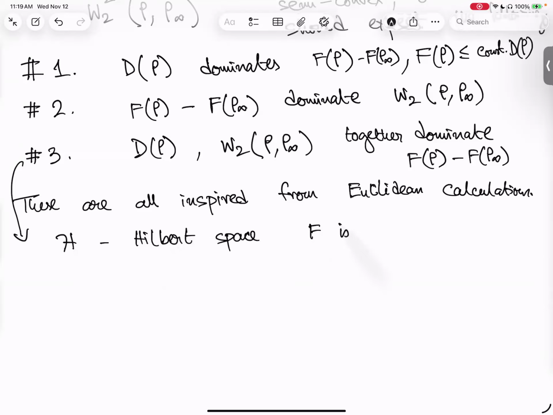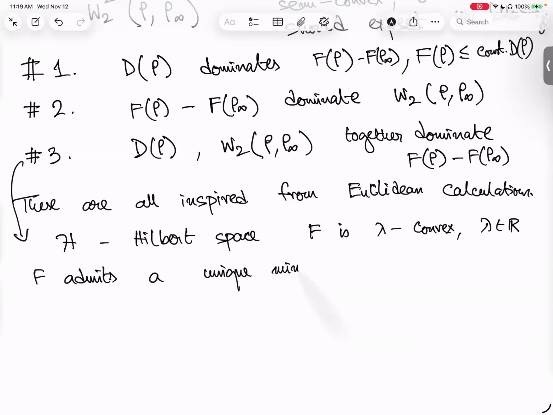F is, let's say, lambda convex for some lambda on the real line, and F admits a unique minimizer, let's say x infinity.